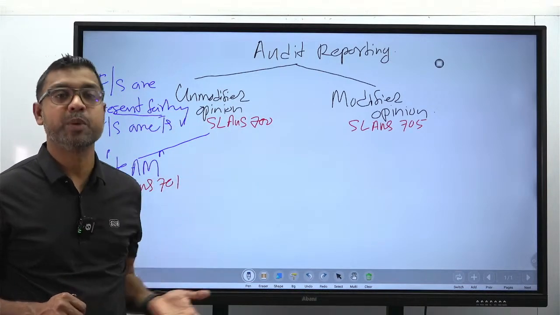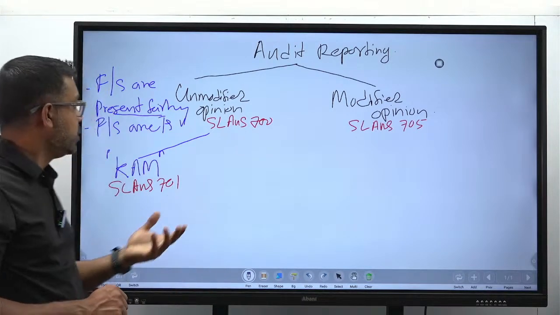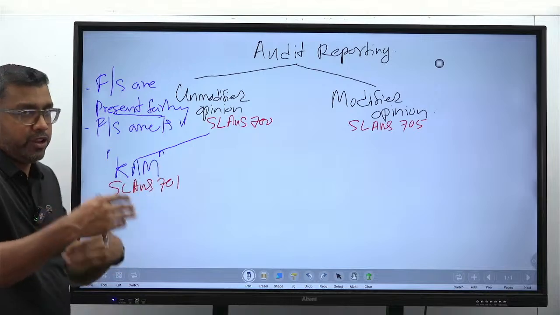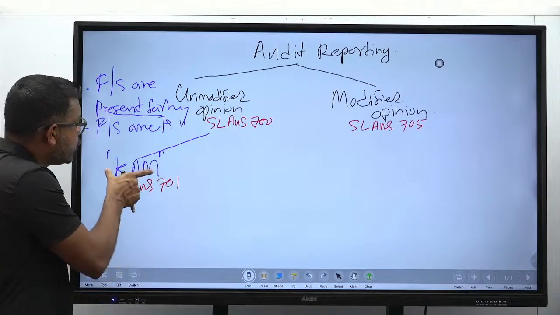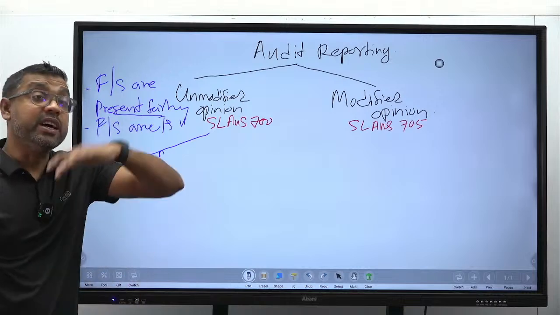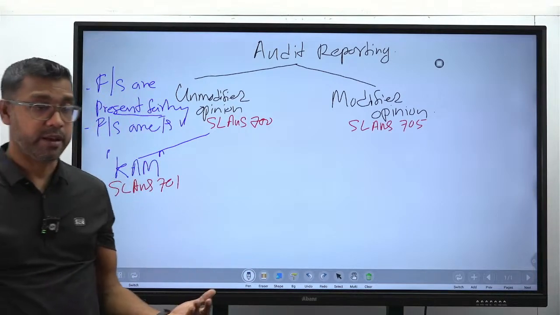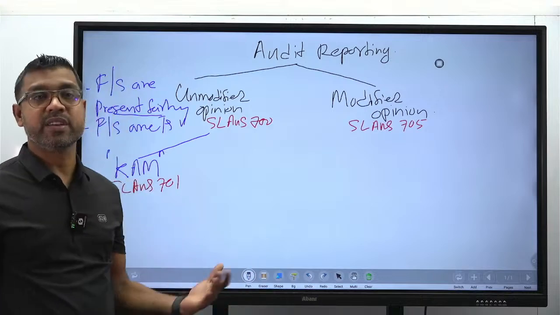Assumptions mean management judgment and estimates, right? Those significant management judgment estimates, you have to address in key audit matters. And if there is a significant risk that you have identified, if you can remember our previous session, we explained the characteristic of significant risk.